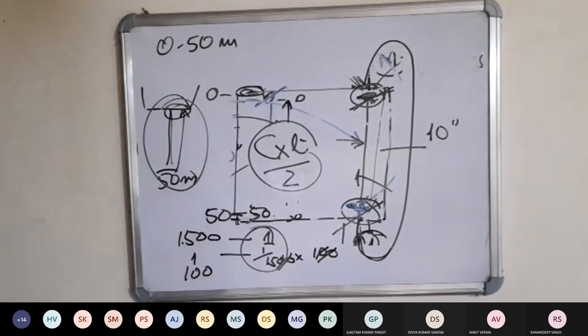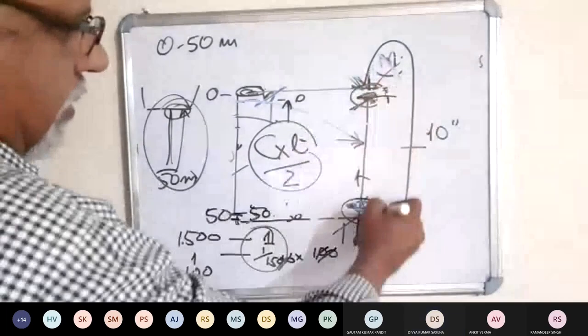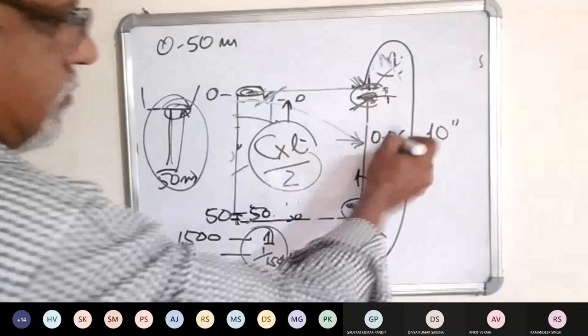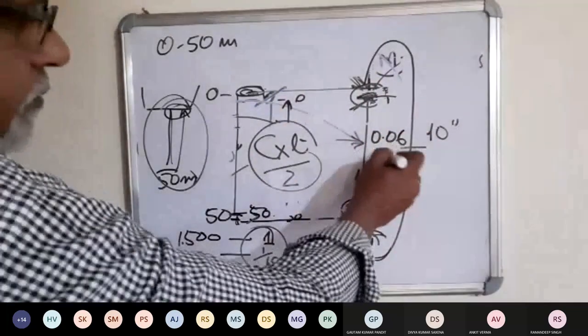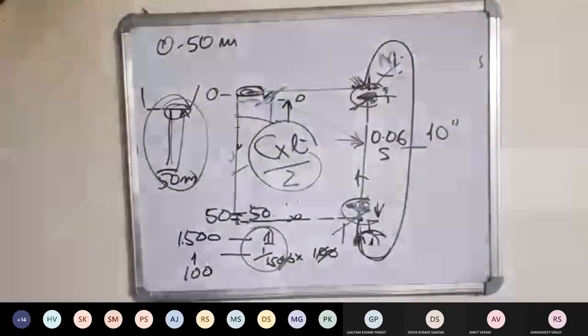How much is 1 by 15? 0.06. Okay. So the time taken to travel from here to here is 0.06 seconds.